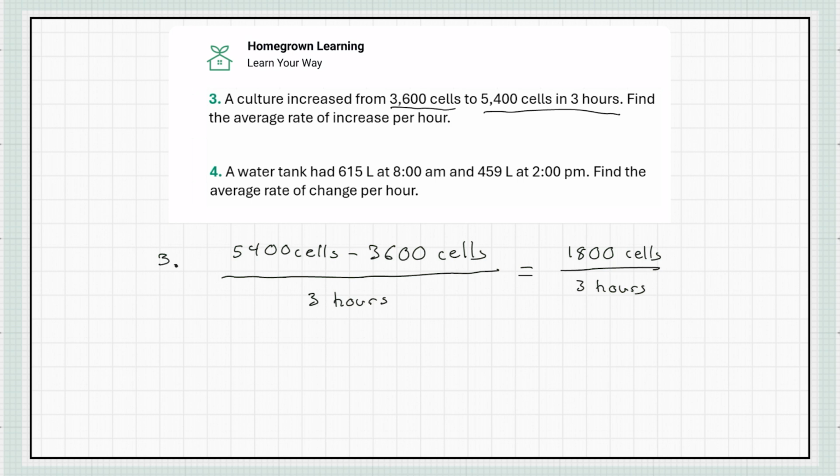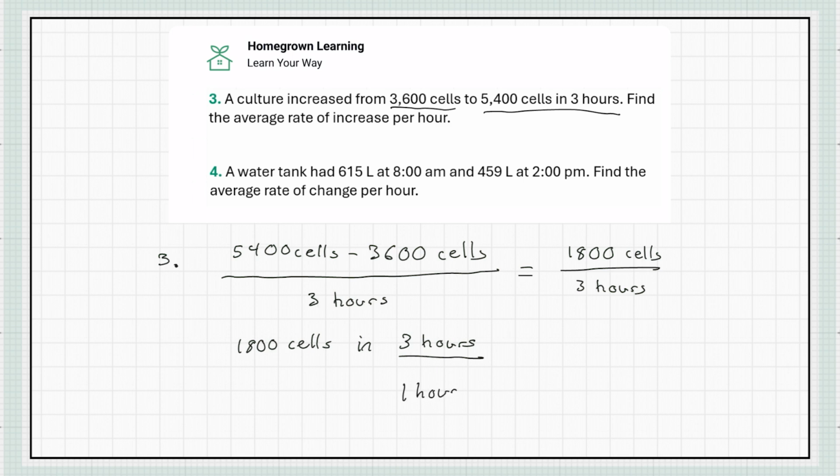Now we've got our rate. All we have to do is simplify, and to do that, just perform the division. We can rewrite this just like we did with the last video. 1,800 cells in 3 hours is the change, and we want to divide by this final quantity. If we divide 3 by 3, we get 1 hour.